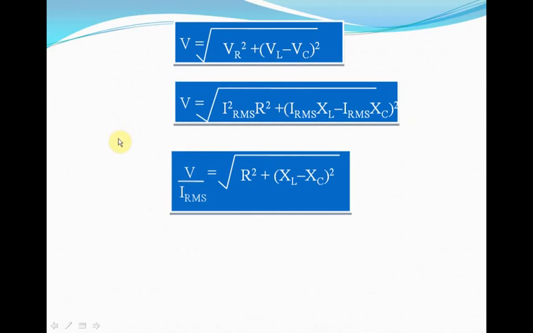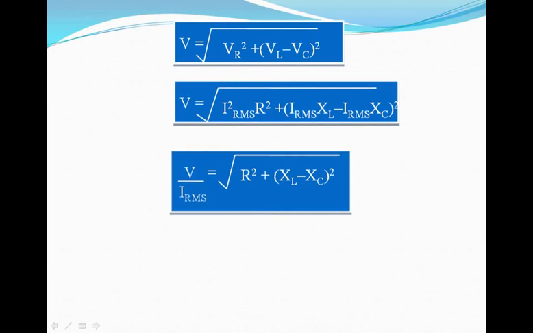Now what does V by IRMS represent? In general, if it were a purely resistive circuit, V by I would have represented the value of the resistance, according to Ohm's law. In this case, V by IRMS represents a special quantity called impedance.